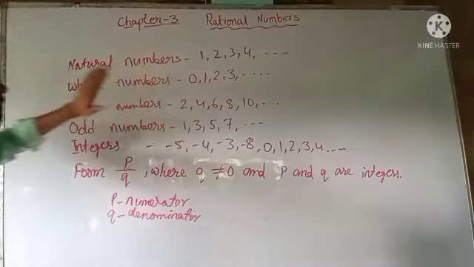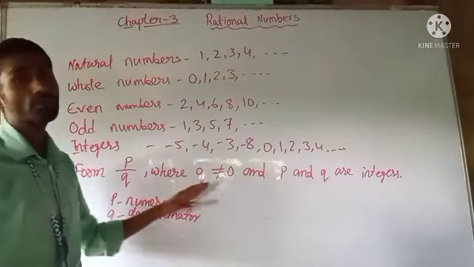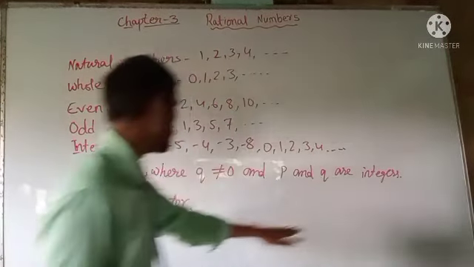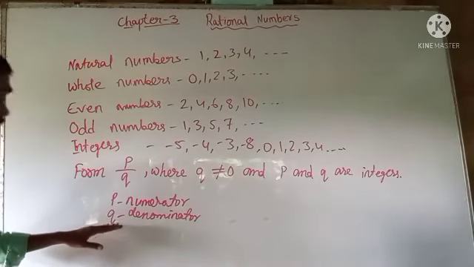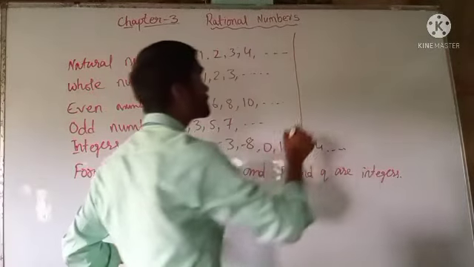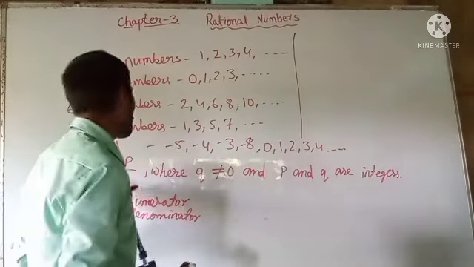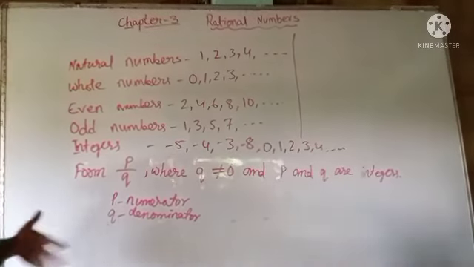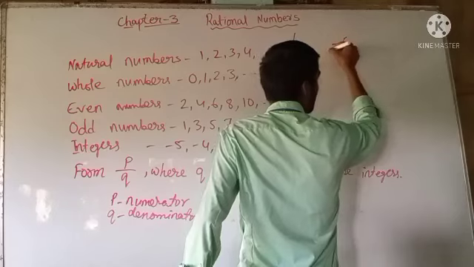So what are rational numbers? They are of the form p by q, where q is not equal to 0 and p and q are integers. P denotes the numerator and q denotes the denominator. Now let us write some examples using this form. P is any integer, positive or negative, so we can take minus 6 by.